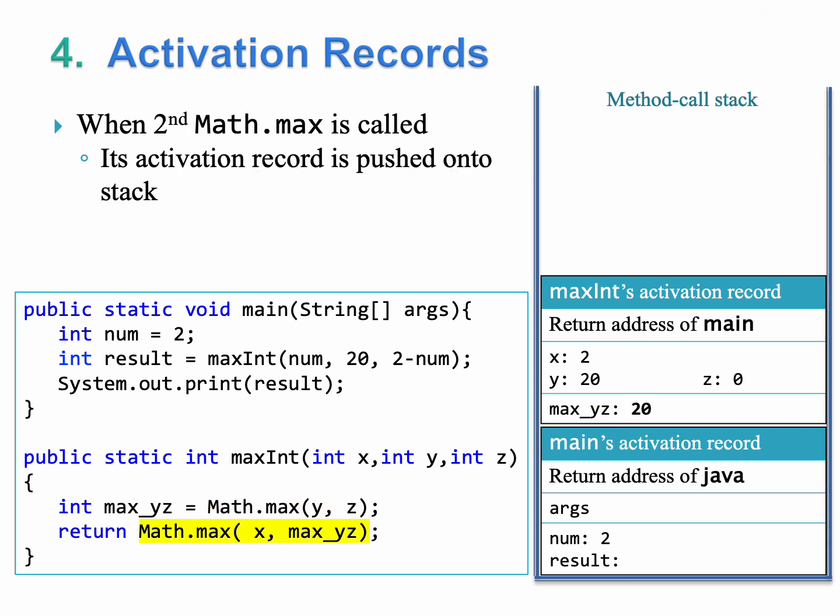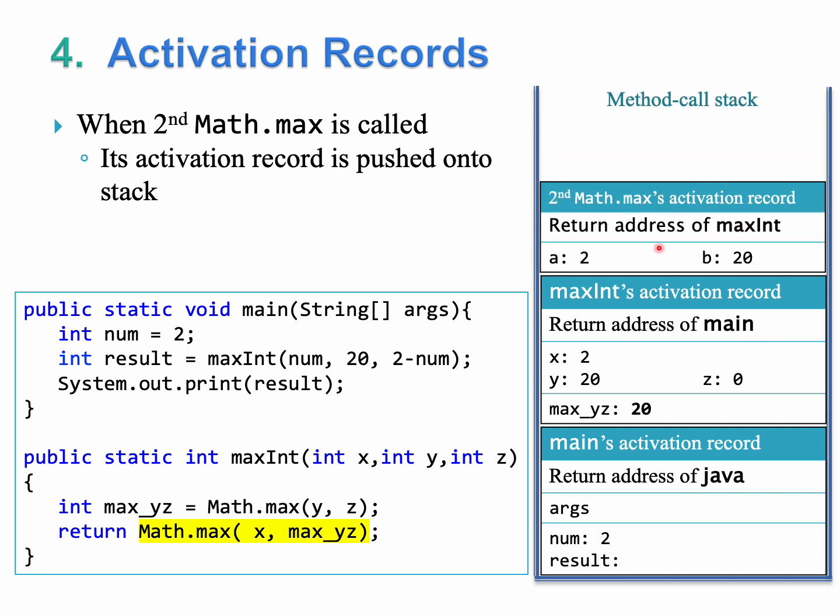Method maxInt then calls the method Math.max again, passing x and max_yz as arguments. Then the activation record of the second Math.max call is created and pushed onto the stack on top of the existing activation record of maxInt.